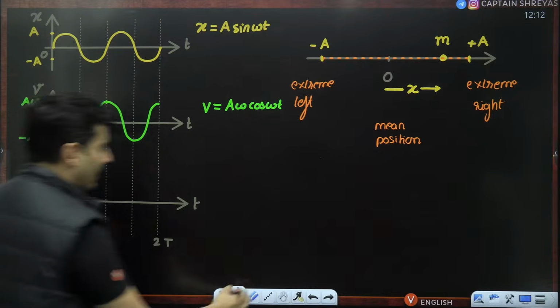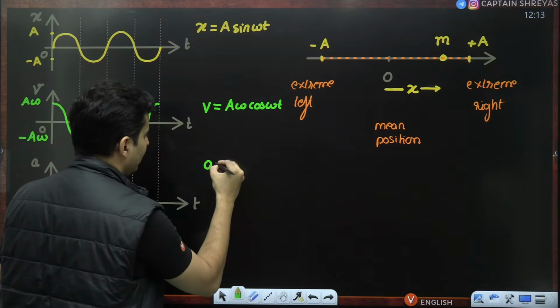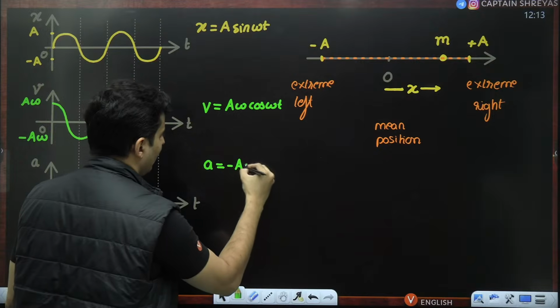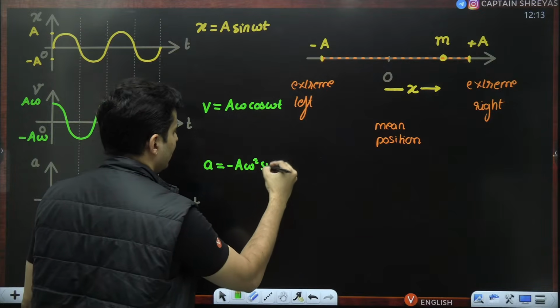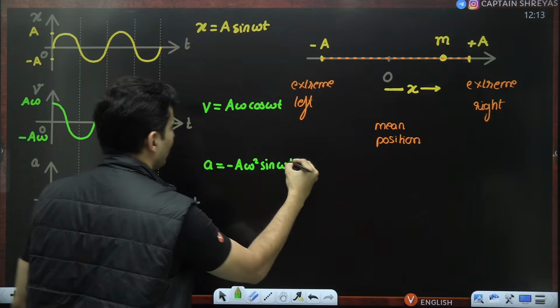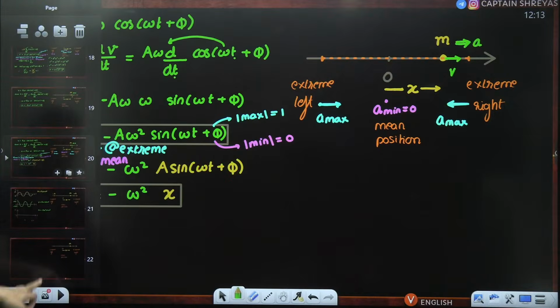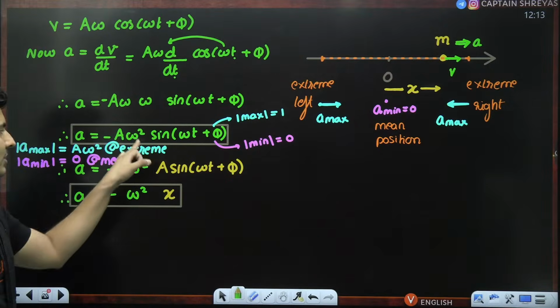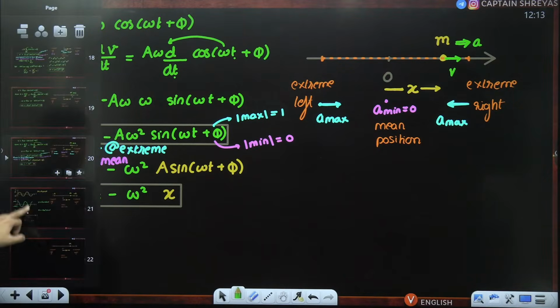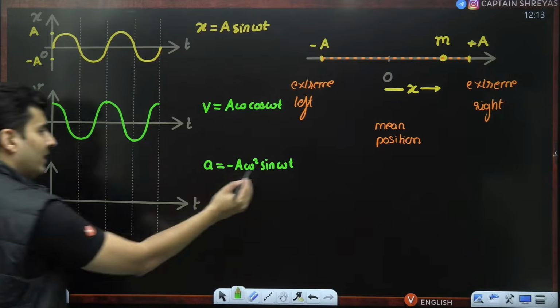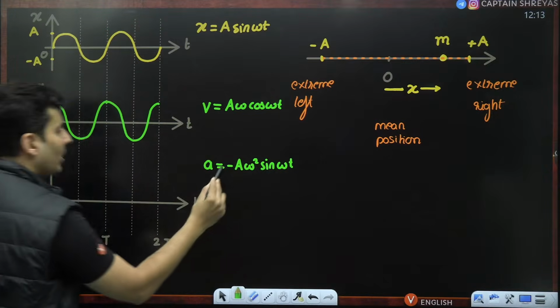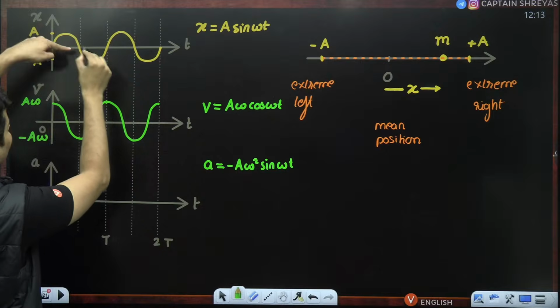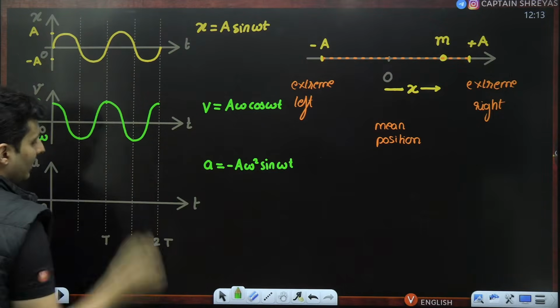What about acceleration, guys? Acceleration is minus A omega square. It will come back to sine. If it is a sine graph, it should look like this, but because of the negative sign, instead of going up and down, it will start with down and then go up.